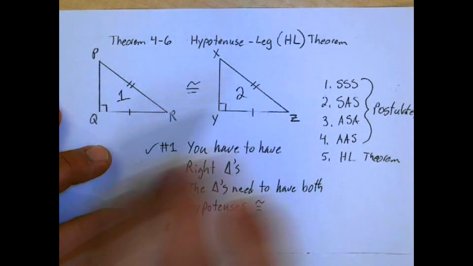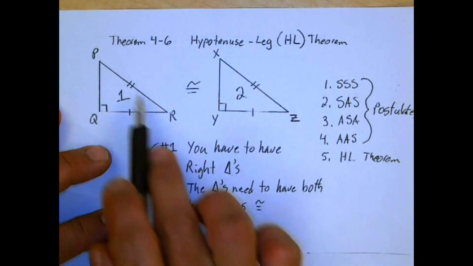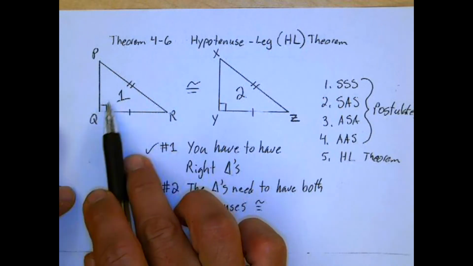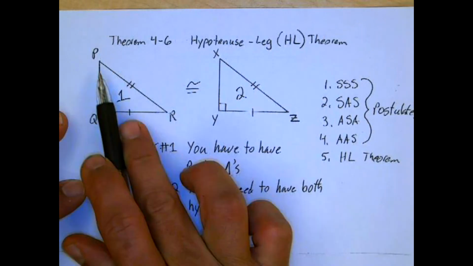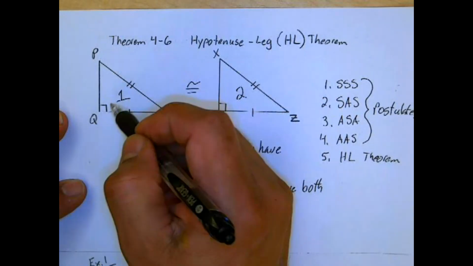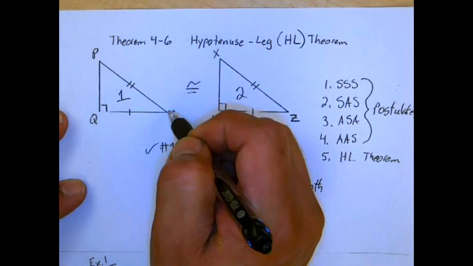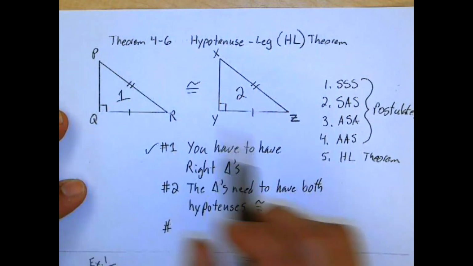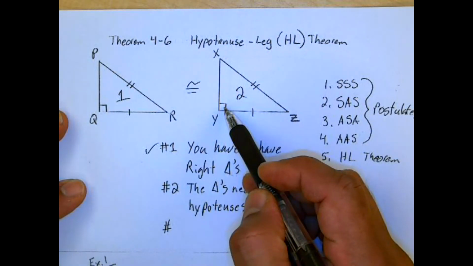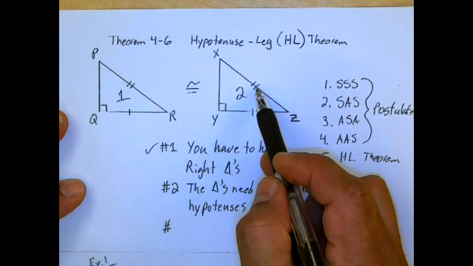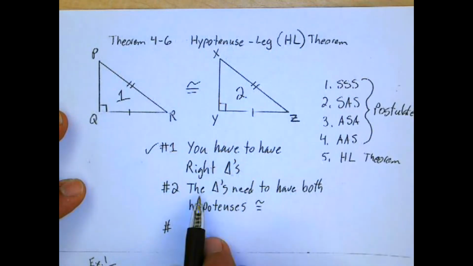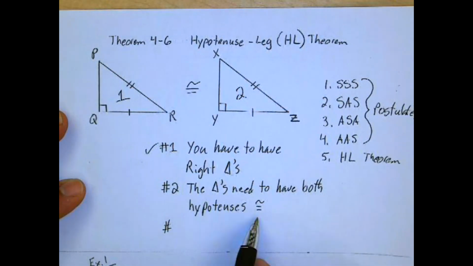But if you notice here, before I go on, PR is the hypotenuse for this one. Remember, the right angle faces or points to the hypotenuse. So this right angle points to this, which is PR, and that has a double tick mark. And then you look over here where the right angle is for the second triangle, and that points to this side, which is XZ, and that also has a double tick mark. So we can say that the 2 triangles, both hypotenuses are congruent, so that's a check.